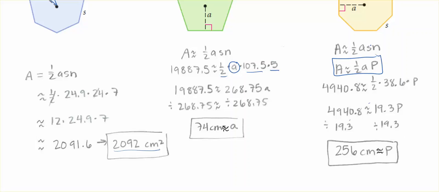So that way, you're just going to use that formula and solve right for P. You don't have to do two different steps. Again, substitute in my area, the length of the apothem, simplify that side, and perform my inverse operation. And I kind of forgot about the approximation here, so I am making it a big deal for you. The perimeter is approximately 256 centimeters.